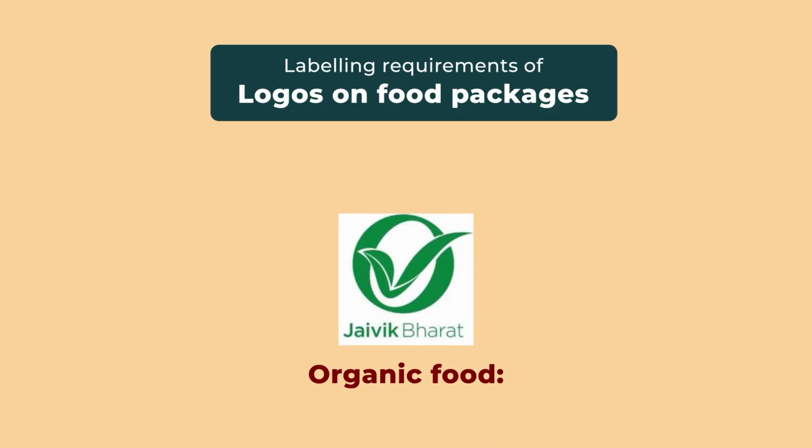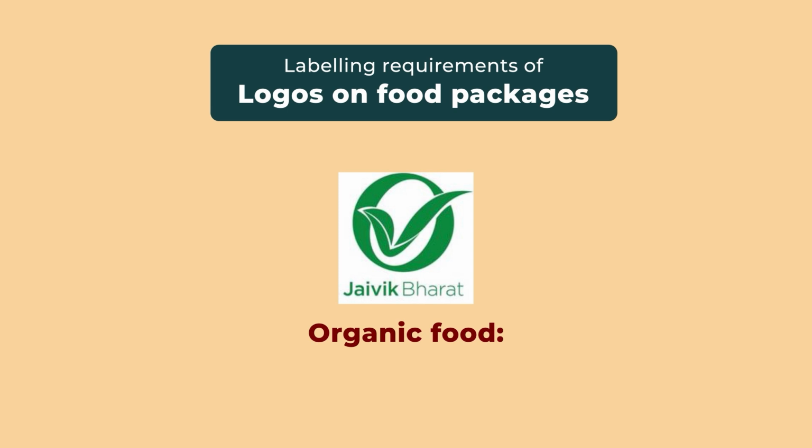There is one regulation for organic food, the Food Safety and Standards Regulation for organic food. As per that regulation, the Jaivik Bharat logo for organic food has to be mentioned on the food label. Then there is another regulation which is for the fortification of food.